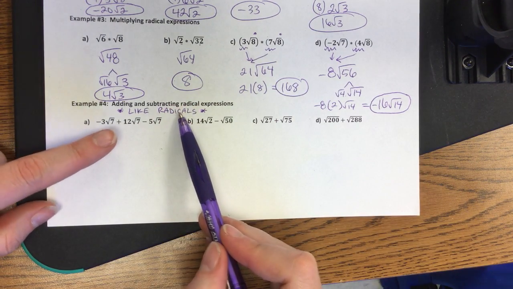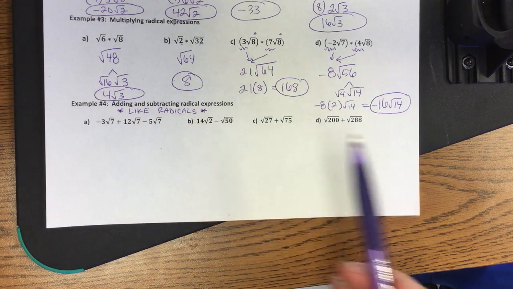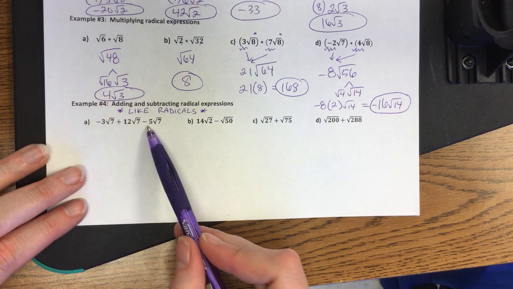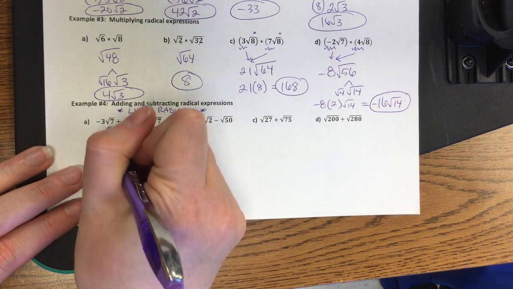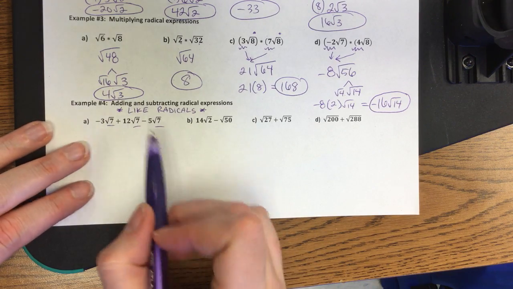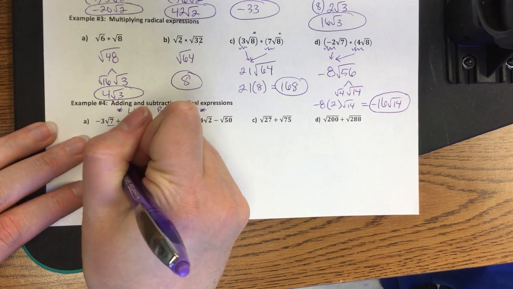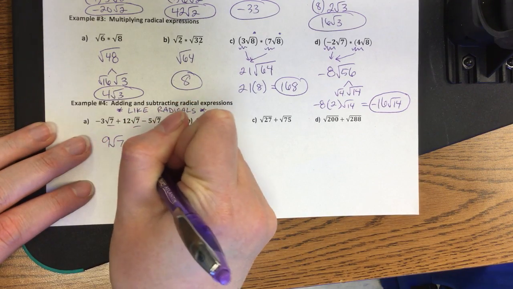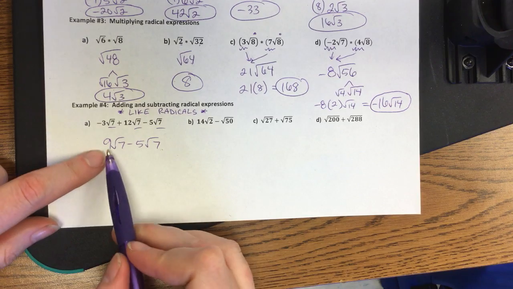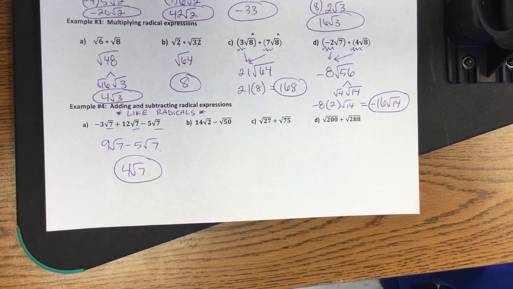Just like when we can only combine like terms, like you can only combine x with x and then y with y, you've got to make sure all the radicals are the same. So I check to make sure they're all radical 7, so I can combine them all together. Negative 3 plus 12 should be 9. And then I know 9 minus 5 is 4. And I'm done.